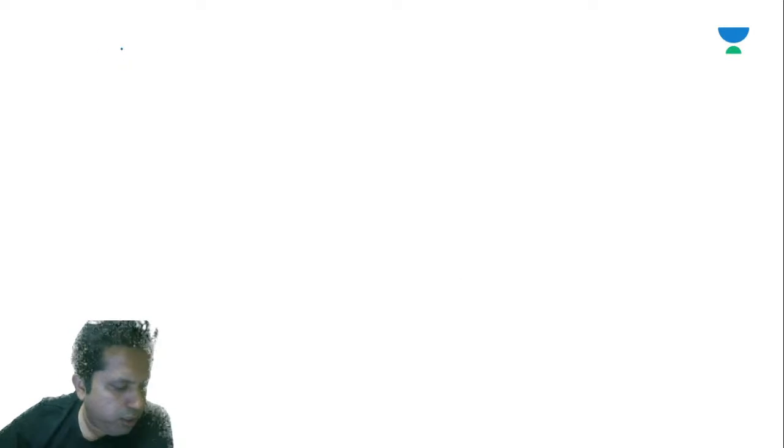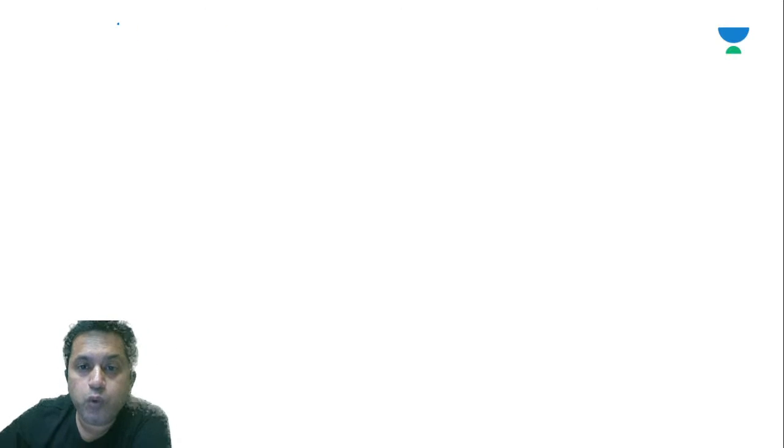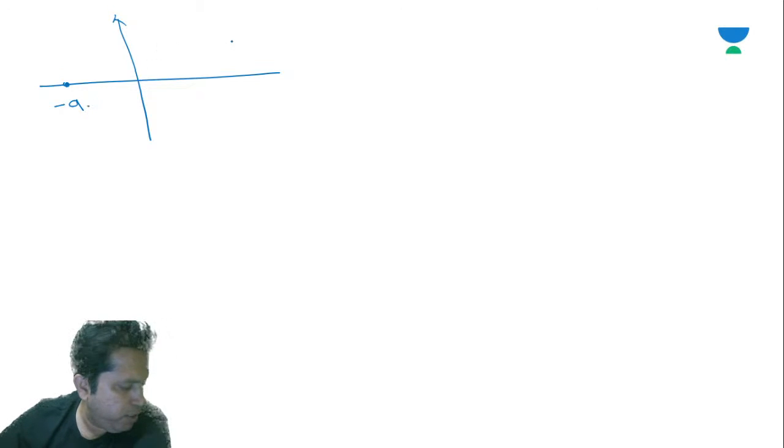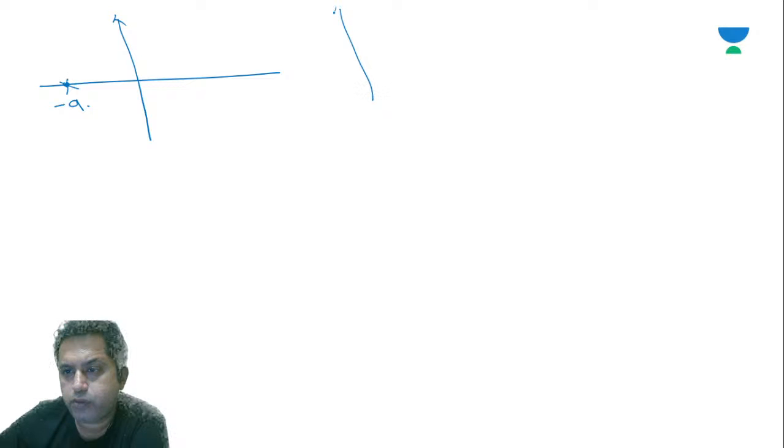In the control system, we see that if there is a pole on the negative real axis, what is the effect on the response?